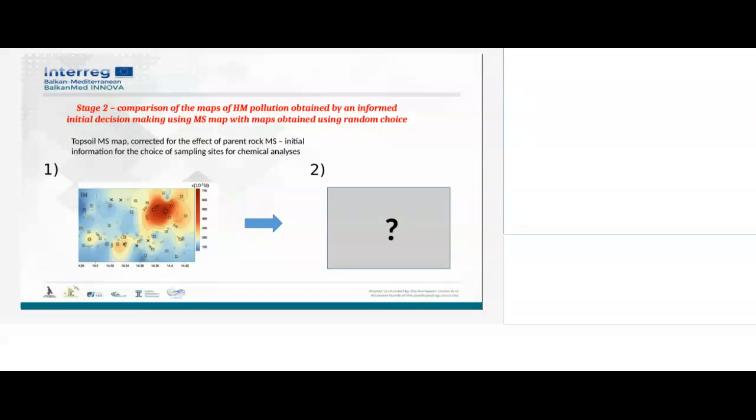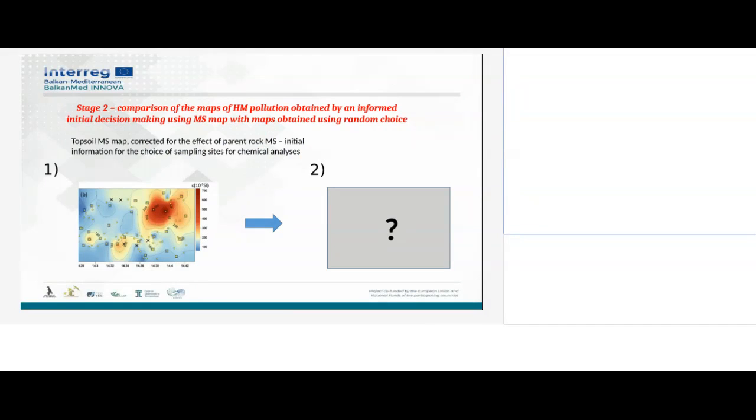Now, the major task in the study comprises stage 2. We should perform an evaluation of the efficiency of magnetometric methods by comparing the maps of heavy metal pollution obtained by an informed initial decision-making using the magnetic susceptibility map with maps obtained using random choice.